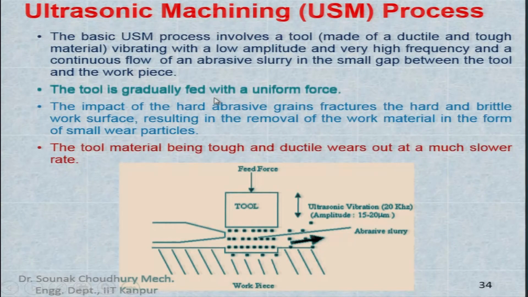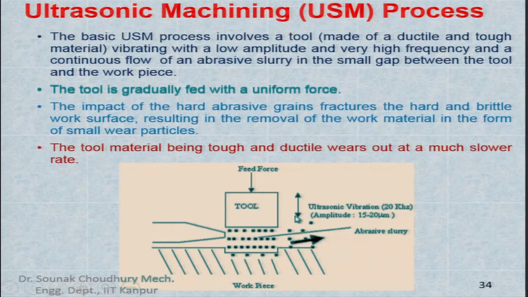The tool is gradually fed with a uniform force towards the workpiece, because the workpiece material is removed here and the stand-off distance is changing. To maintain that stand-off distance, the tool is given a feed force, and depending on how much workpiece is being removed, the tool accordingly moves towards the workpiece with a particular feed.